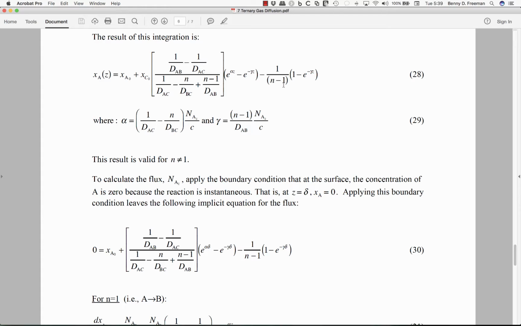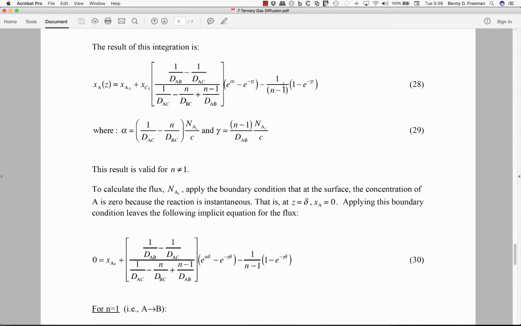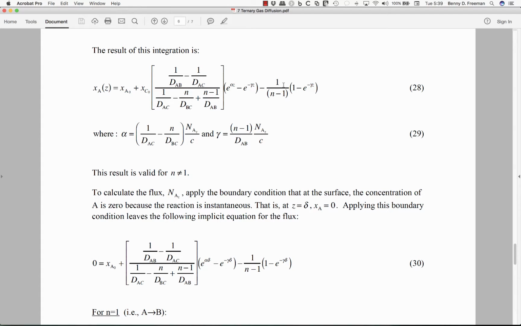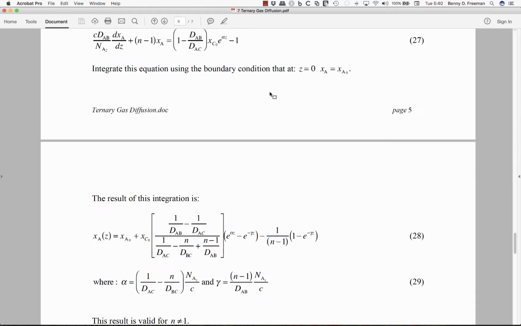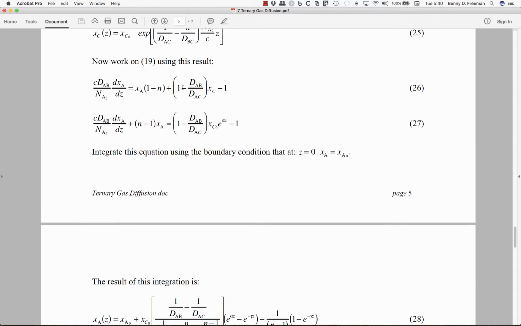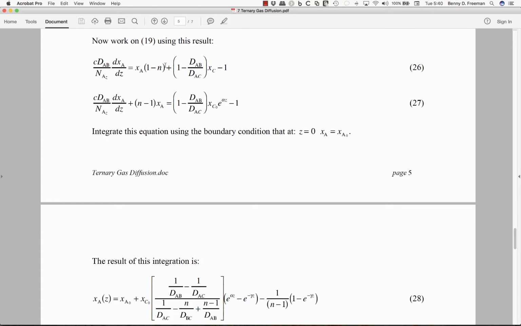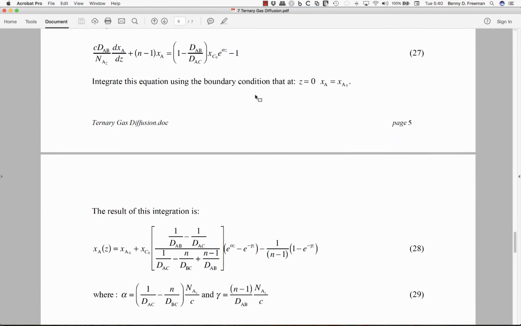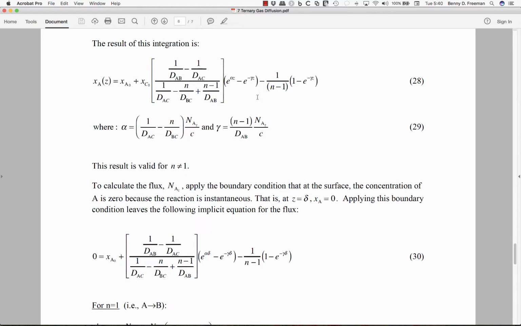What's happened is in making this integration, we've divided by n-1, and that has caused this expression to blow up in the case of stoichiometric coefficient equals 1. You can come back and insert n equals 1 at this stage in equation 26, and then integrate that as a separate case to get the unimolecular expression for a concentration profile.